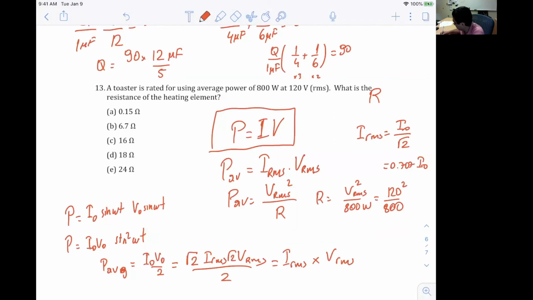That's going to be 18 ohms. So basically, you don't have to do all these derivations, you can just go from here and here. Here I would like to show more background. So I show how the RMS value is related to instantaneous current and potential. So then this is 18 ohms.